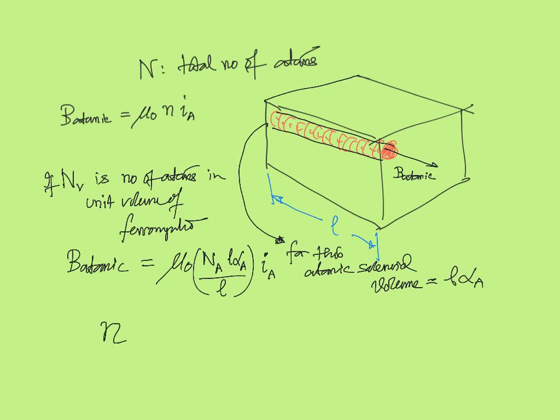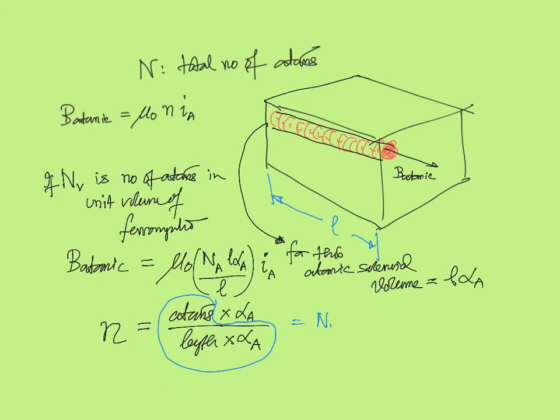See, N is the number of atoms, so it is atoms by length. So that means it is atoms into alpha A. So it is atoms per unit volume. This one is atoms divided by volume.